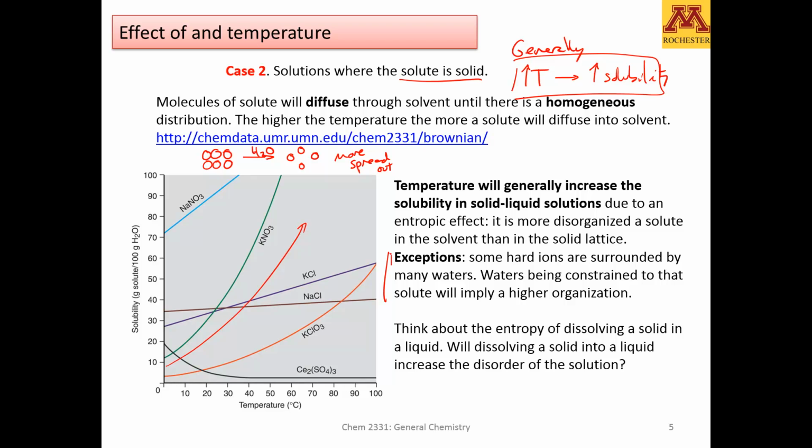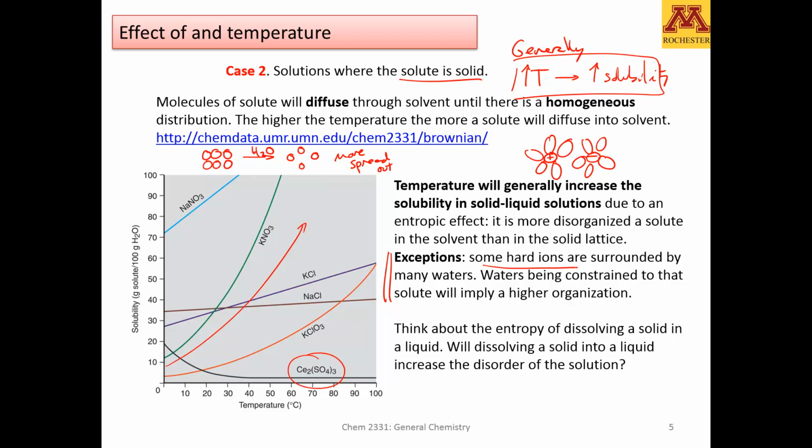There are some exceptions. Cerium sulfate is one of them. In some cases, think of this as a cation, then an anion. Some ions really carry along a lot of waters, and that constrains the motion of water, and it's not favorable in the sense of this capacity for nature to spread out, because now suddenly these waters are not free to move, they are bound to the cations and anions.